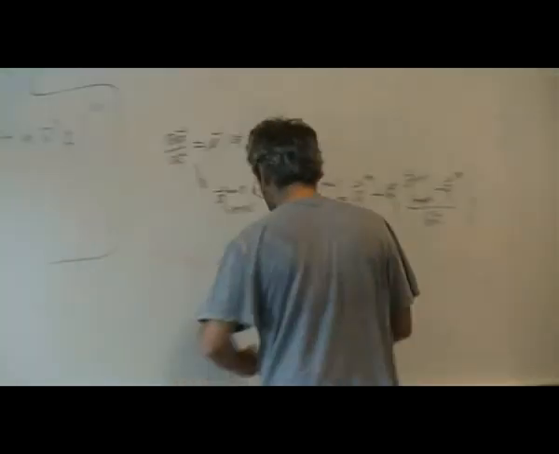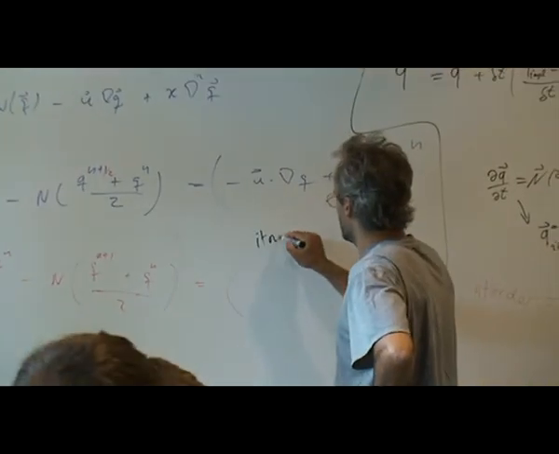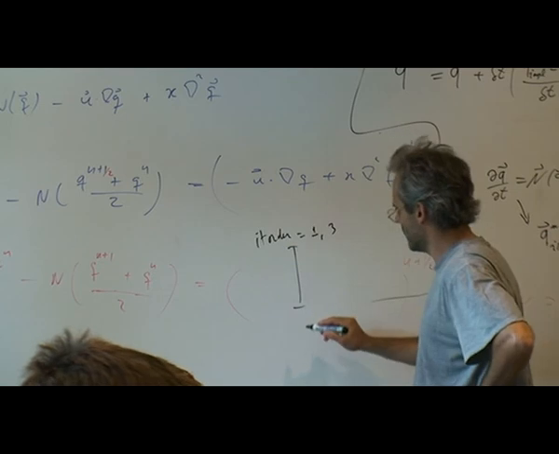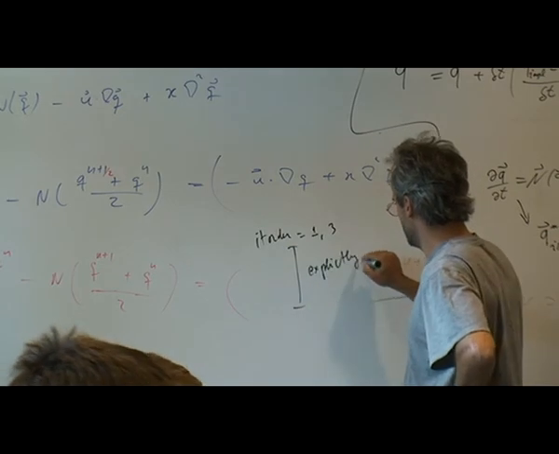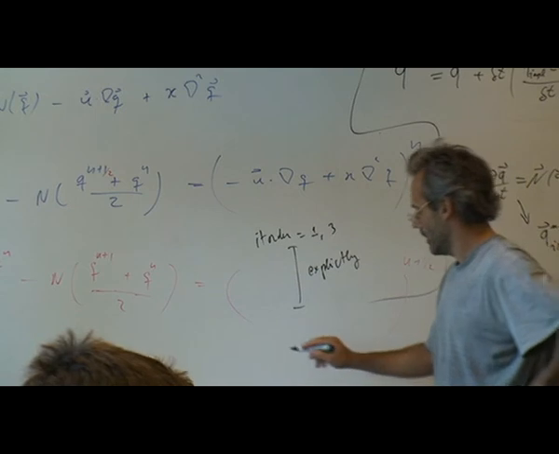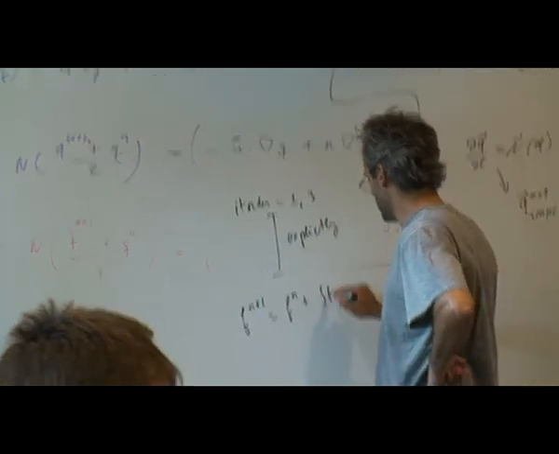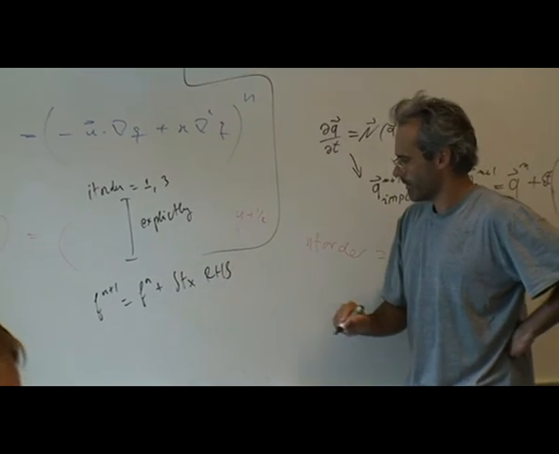In this time step you have the IT order, 1, 2, 3, and then you iterate the physics explicitly. Okay? And then finally we get Fn plus 1 equals Fn plus delta t times right hand side. That's right?